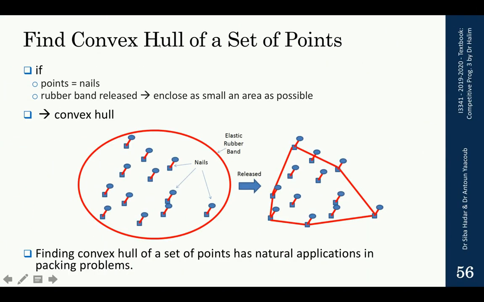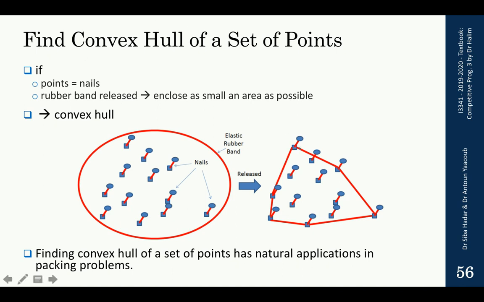To find the convex hull of a set of points, just imagine that the points are nails that you can put in wood. And how to find the convex hull? Consider you have a rubber band that is long enough to go around all the nails, and you release it. Since this is a rubber band, it will enclose as small an area as possible.